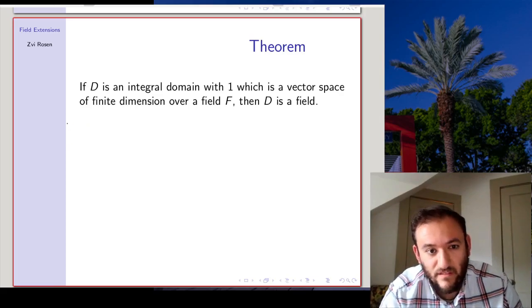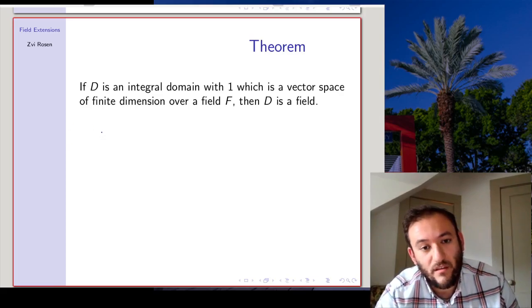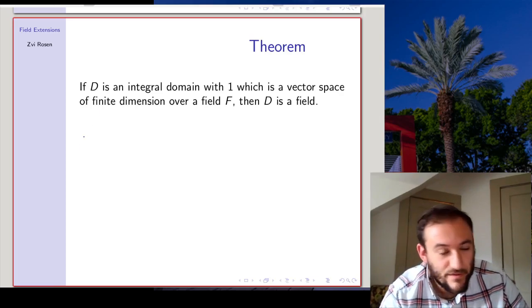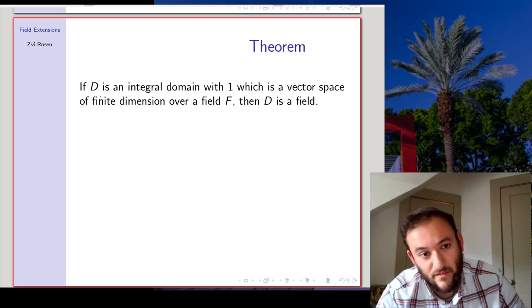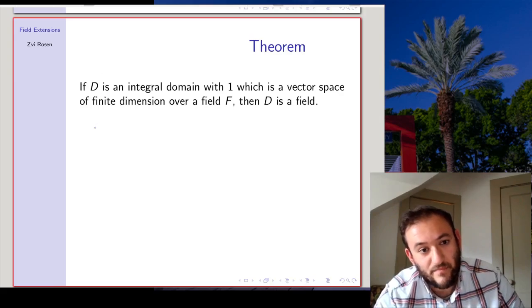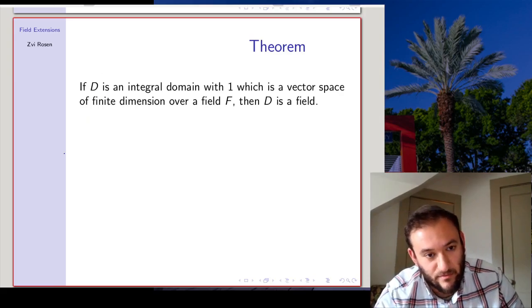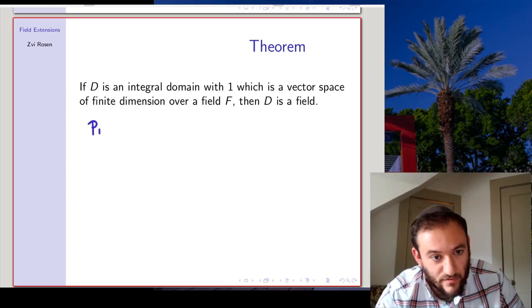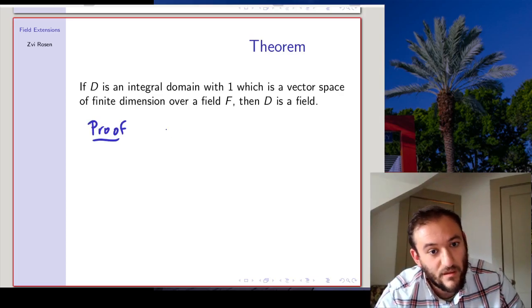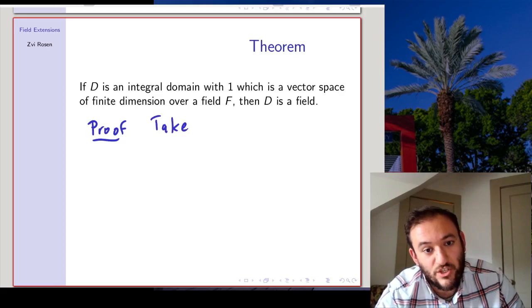Okay, so if D is an integral domain with 1, and it's a vector space of finite dimension over field F, we can take any element, right? First of all, I'm going to say this is our proof. Take a in D. We want to show that a inverse exists, okay?